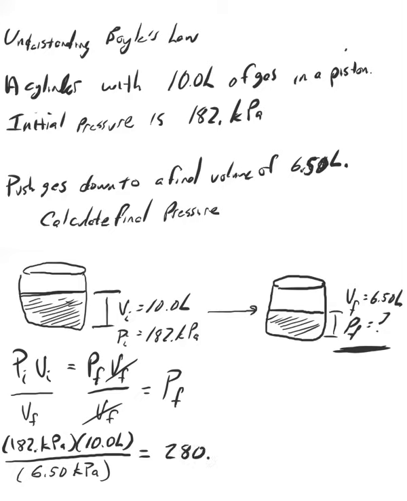Let's do our analysis of units. Kilopascals divided by kilopascals, and we have liters. Oops, sorry. What did I just do? Oh, I see what I did. This was 6.5 liters.